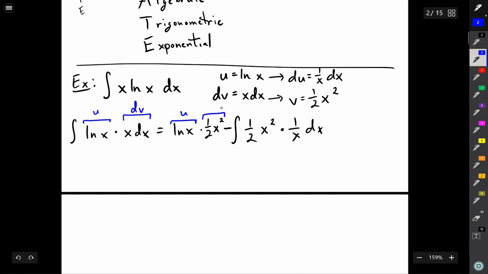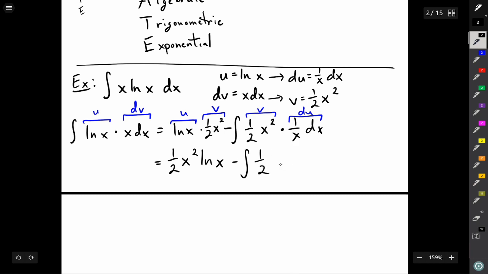So u times v, and then v du. We just apply things directly. Now it'll be good to simplify this and see what we're looking at. So I'm going to rearrange this to look a little nicer. This is our uv minus the integral of 1/2 x squared times 1 over x, which is just 1/2 x.